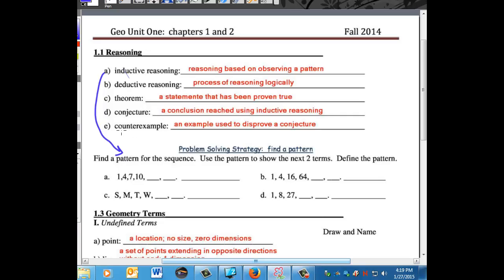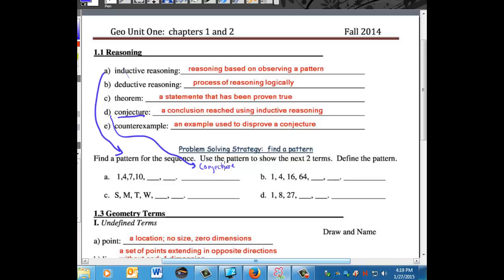Then underline the term conjecture, all right, and then draw this line from D, and that's going to go into this column. All right, this is our conjecture column.